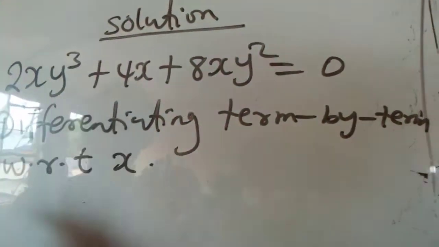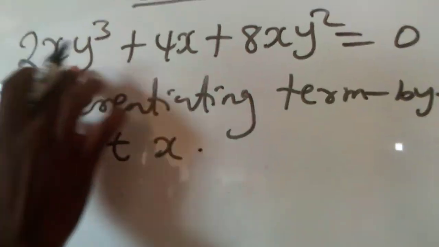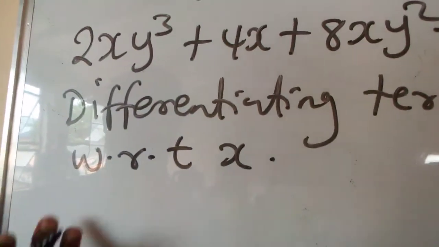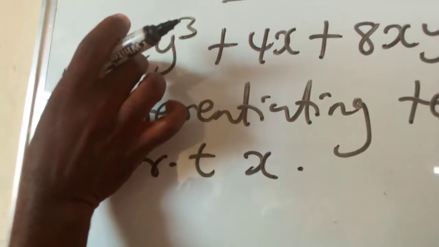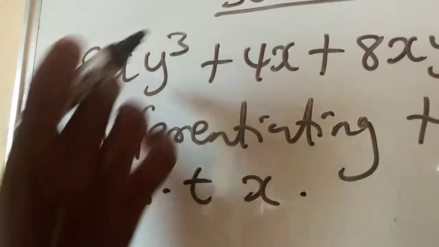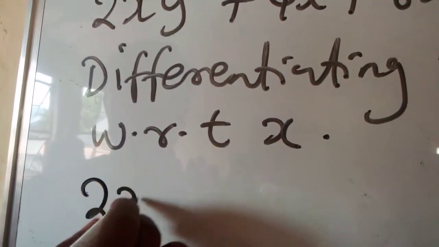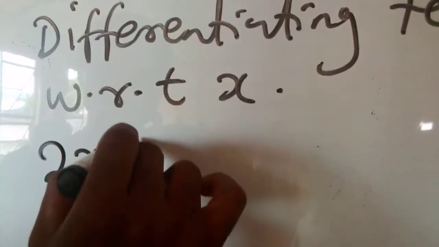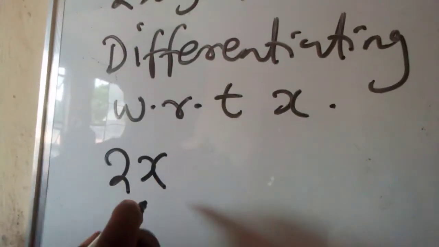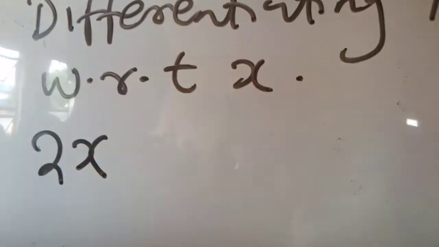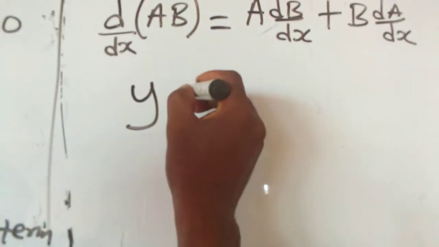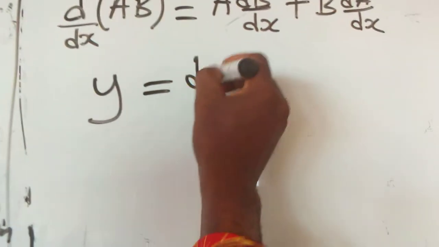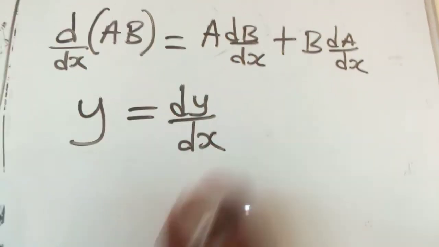So if you come here now, you want to differentiate this, we are going to assume that x is constant. So you are going to have 2x, you differentiate y raised to power 3 with respect to x. Then how do you differentiate y with respect to x? If you have y and you differentiate it, the answer will be dy over dx.